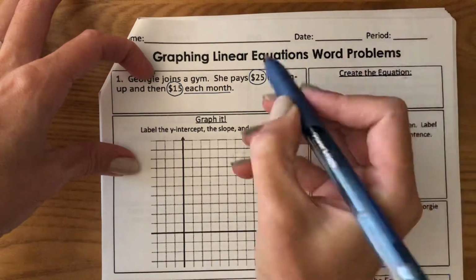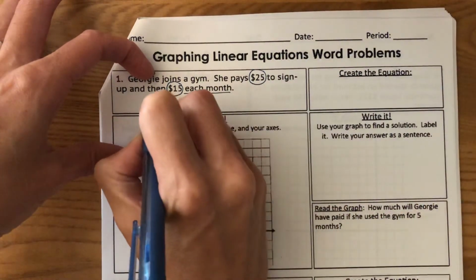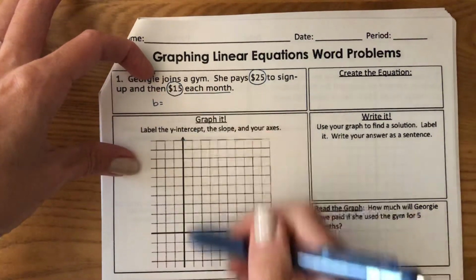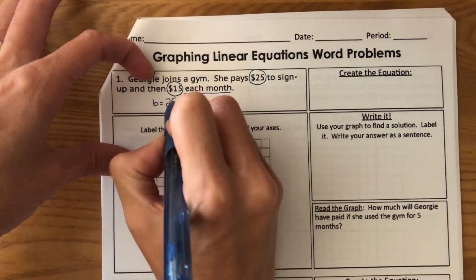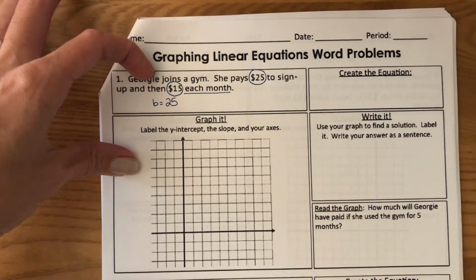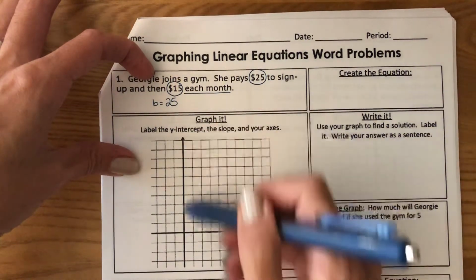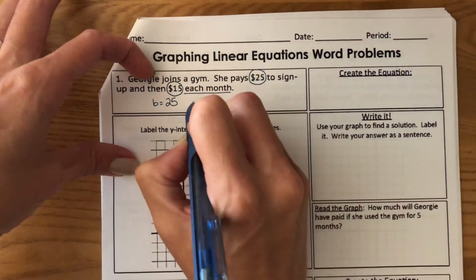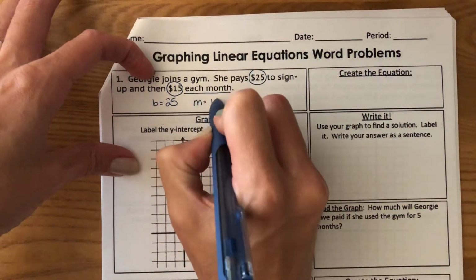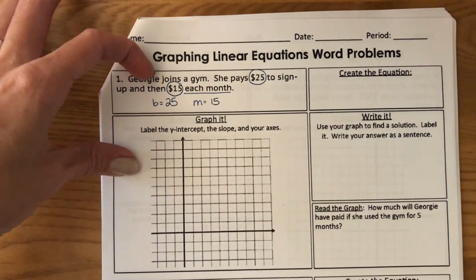So where she starts is this right here. That's going to be 25 bucks, because when she's at month 0, she has to pay 25 bucks. And then her slope is going to be $15 a month.